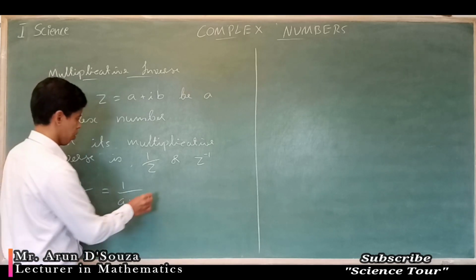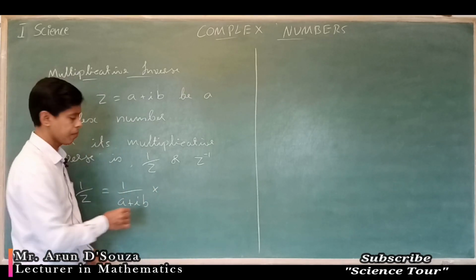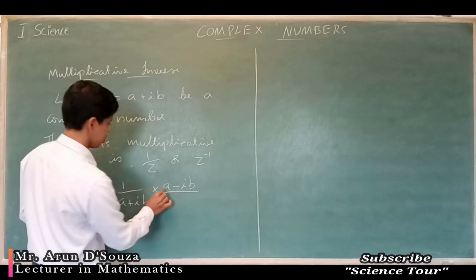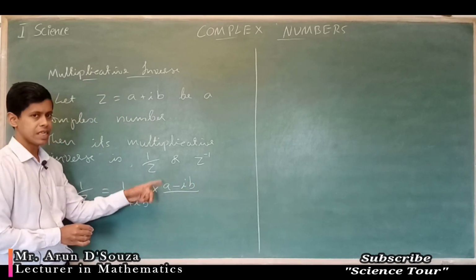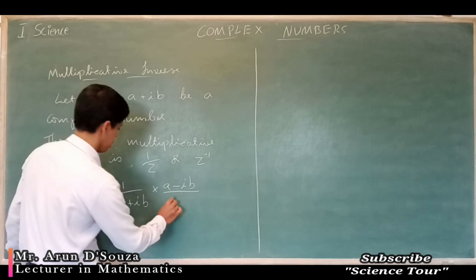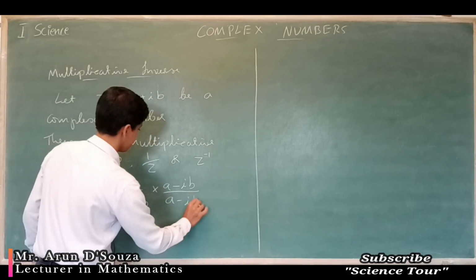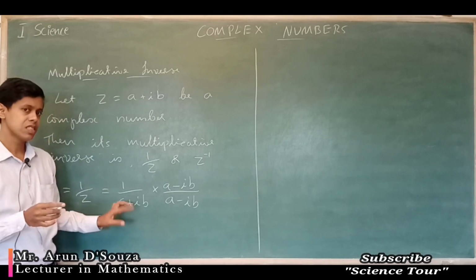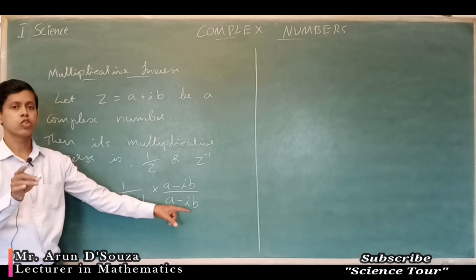No problem at all. So this is like rationalization. So what you need to do is multiply and divide by the conjugate. So what is the conjugate? So if a plus ib is z, then a minus ib is the conjugate.